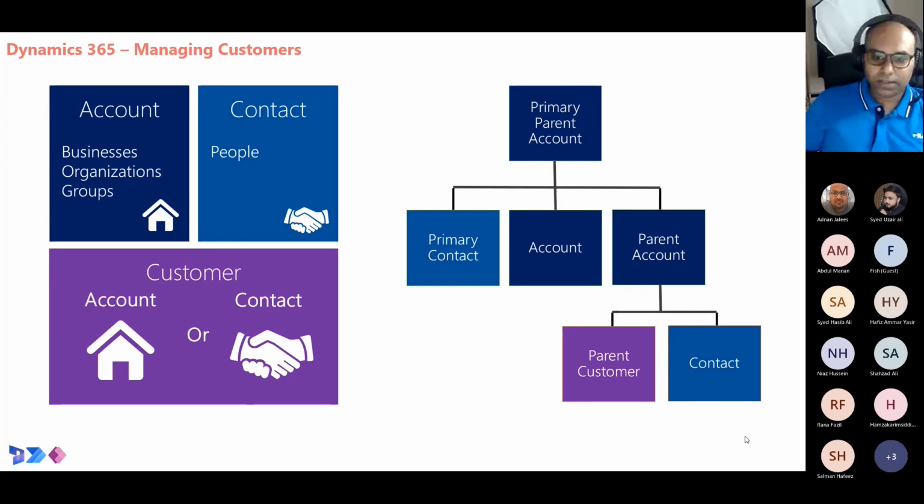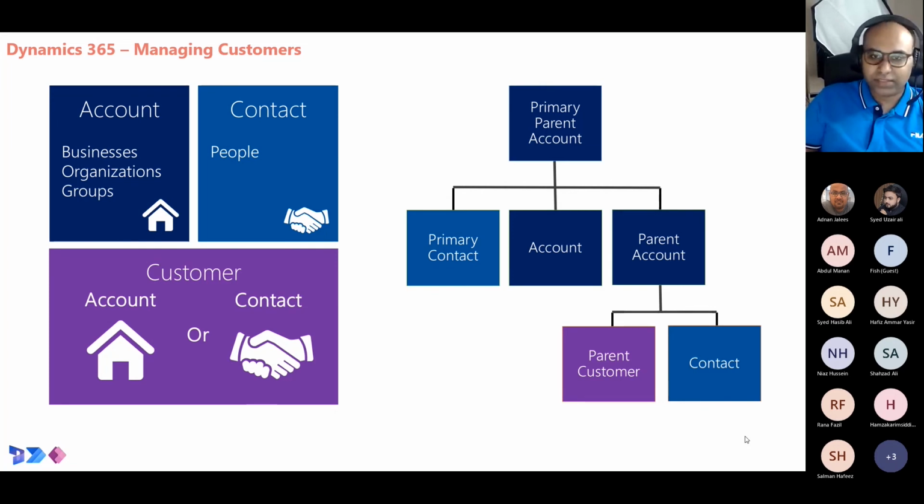As an example, Microsoft: if we do business with Microsoft, it's an account. If we do business with Oracle, or we sell our products to a particular organization, we can define it as an account. On the other hand, contacts are the individuals connected with the accounts. In a B2B, or business to business, scenario, for example, you do business with an XYZ organization, and in XYZ you have some contact persons that you talk with.